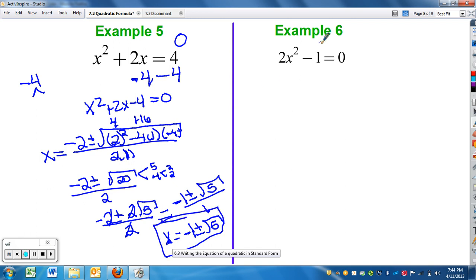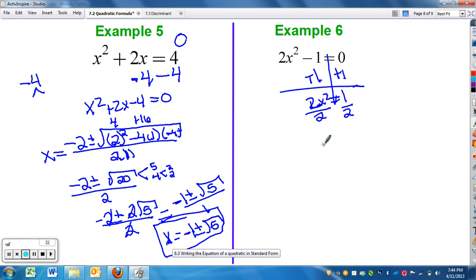All right, so then on the last example, I don't have any b, so I can use the square root method. I'm going to add 1 over. So this is from unit 4. So 2x squared equals 1. We're isolating x. Again, you could have used the quadratic formula, or you could try to factor.